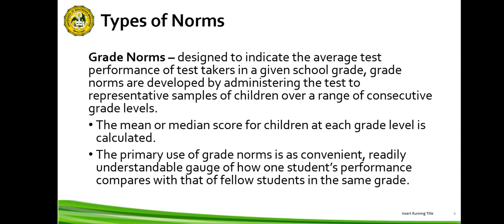Now, the primary use of grade norms is as a convenient, readily understandable gauge of how one student's performance compares with that of fellow students in the same grade. Now, consider the case of a grade 12 student who scores 6 on a grade norm spelling test.